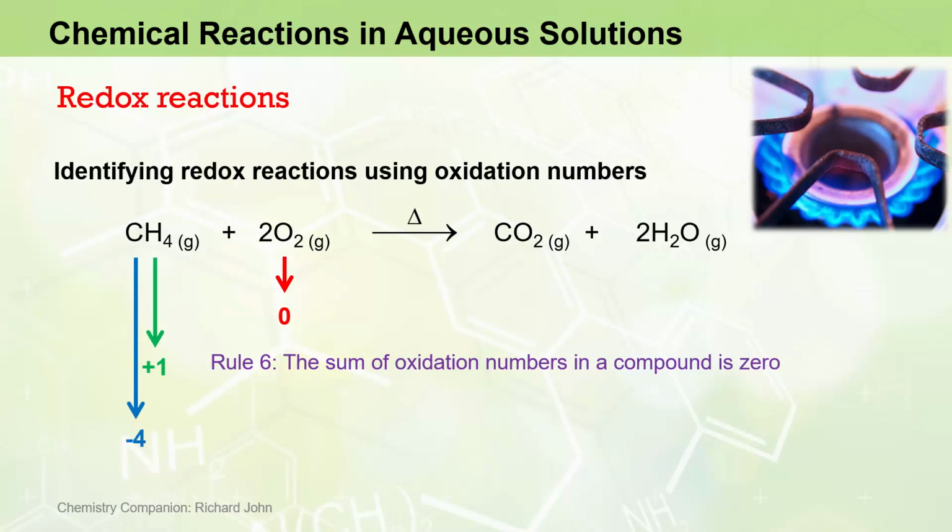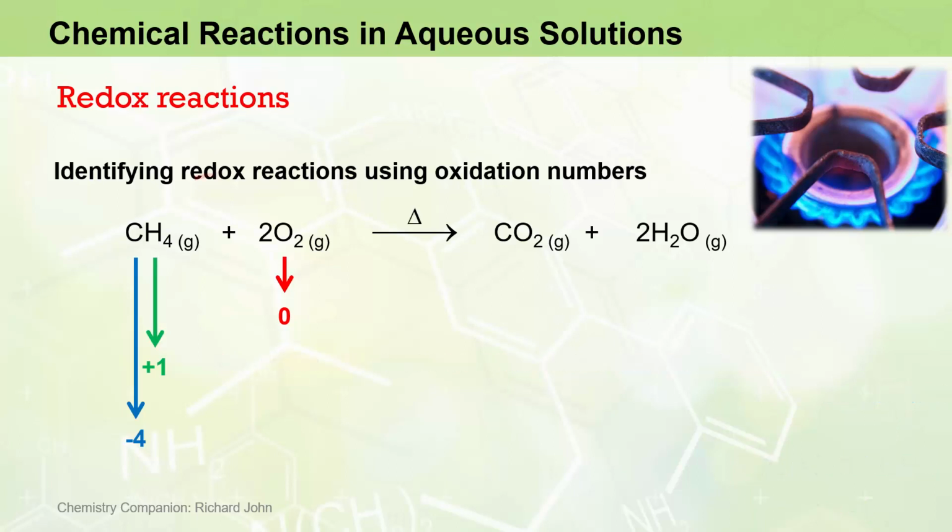We can show our working on the right-hand side, where the unknown oxidation number of carbon in methane plus 4 times the oxidation number for hydrogen, which we know is +1, has to equal 0, since according to Rule 6, the sum of oxidation numbers for all atoms in a compound must be 0. We therefore calculate the oxidation number of carbon in methane to be -4.